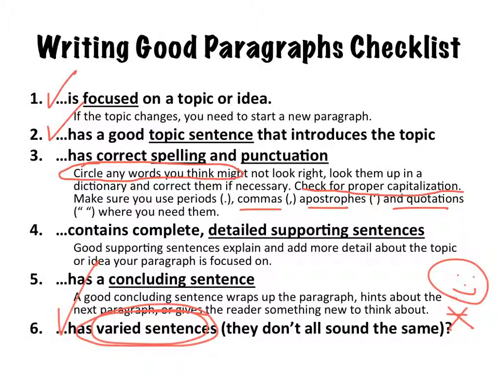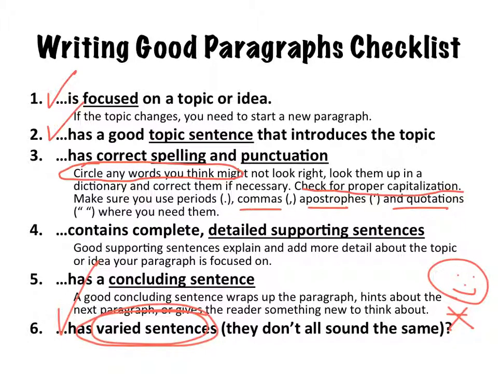If my last sentence, we'll get to the last sentence in a minute, is going to transition to my next paragraph, maybe at the beginning of my little essay on how to make pancakes, my first paragraph is about the ingredients I need. And maybe my concluding sentence is, "So now that you know all the ingredients, how do you make the batter?"